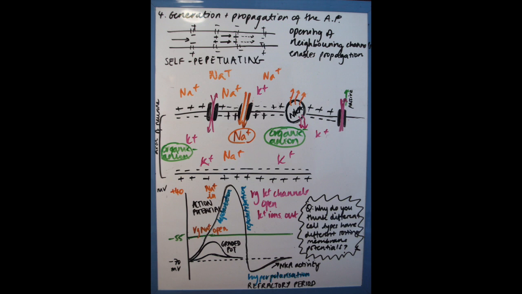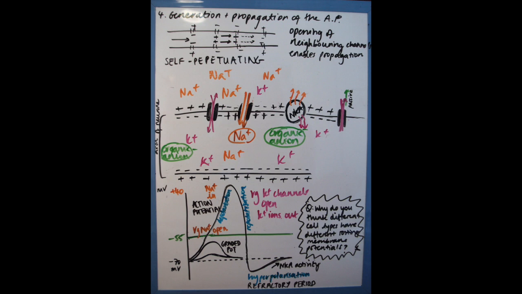This repolarization goes slightly too far and results in a hyperpolarization, which is a more negative membrane potential than the resting membrane potential, and this serves as a refractory period, which ensures that the impulses are only passed in one direction, because a hyperpolarization makes it all the more harder to reach threshold.